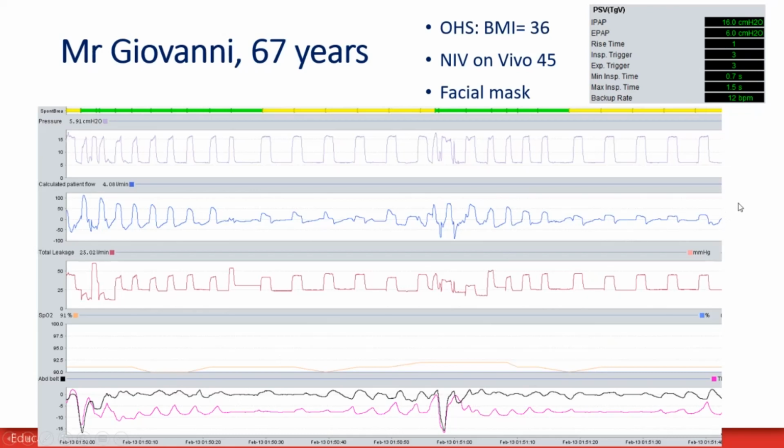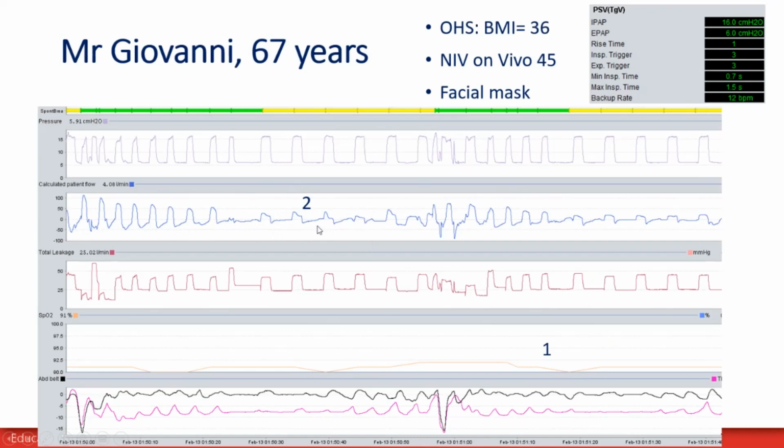As it was explained last month by Dr. Perrin, to interpret this curve, first we have to look for a decrease in the SpO2. So you can see here a decrease in SpO2. Then we have to go a little bit back and look for some event on the patient flow. And here we can see, yes, there is an event with a decrease in the inspiratory flow and a decrease in the expiratory flow at the same time.